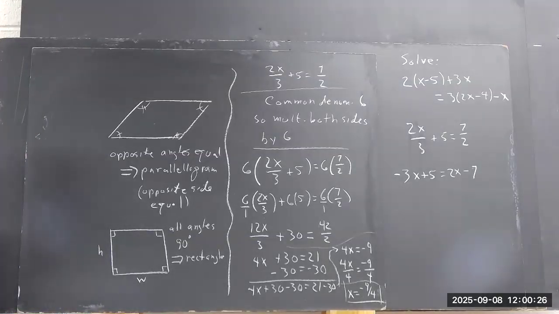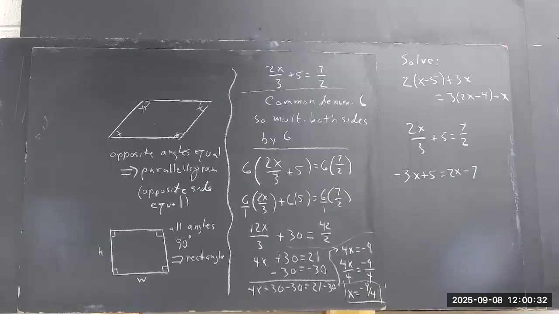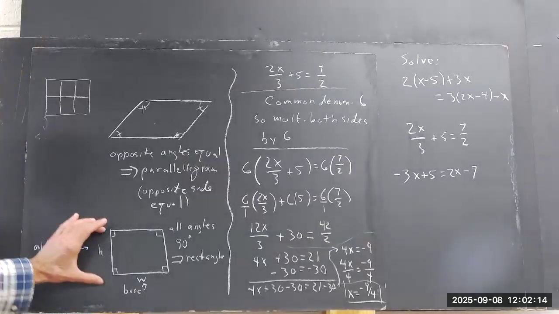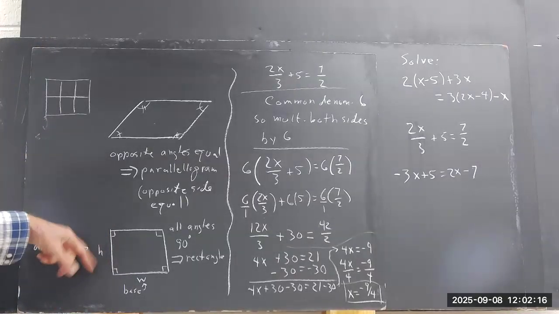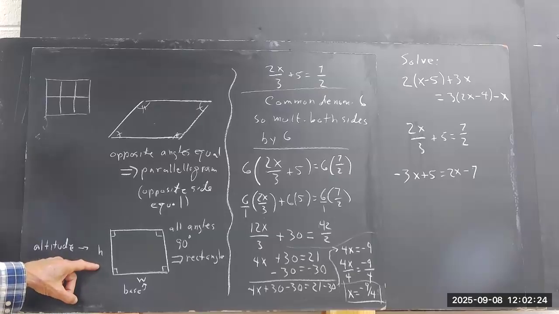So how high is that rectangle? Okay, well, we got the answer that the H stands for what I call the height and the W for the width. Okay, and what I'm calling the height here is the altitude.